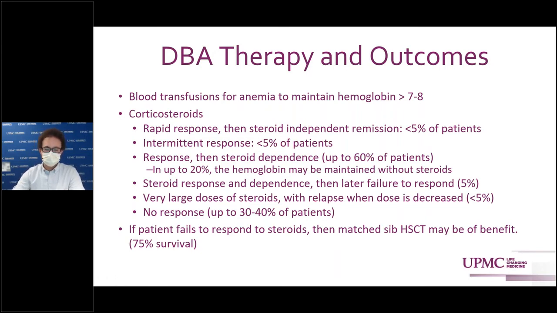The majority of these patients, up to 60%, can have a response. What we usually do is start off high to get a really good response with the steroids, and then we wean it down to the lowest effective dose and spacing, so sometimes every other day or every couple days, to maintain a normal, healthy, or safe hemoglobin, essentially.